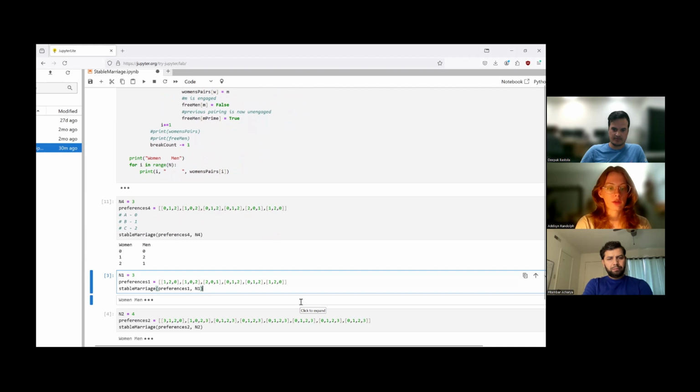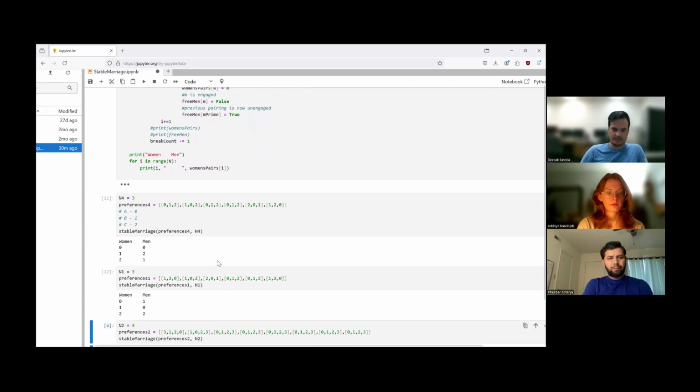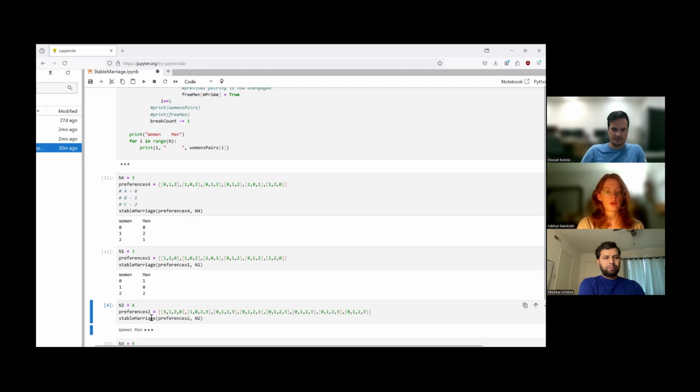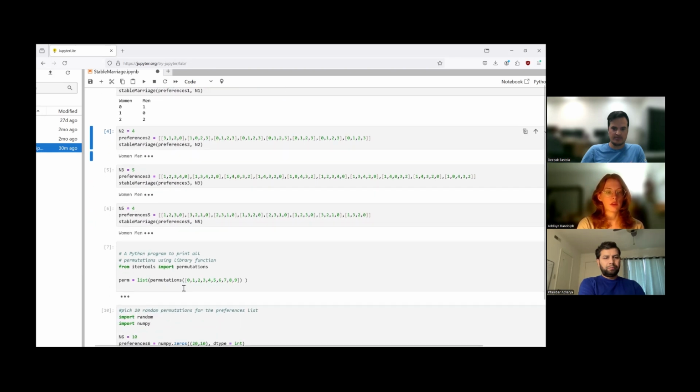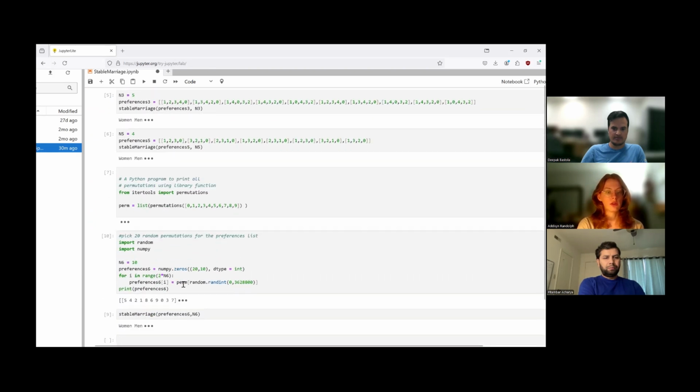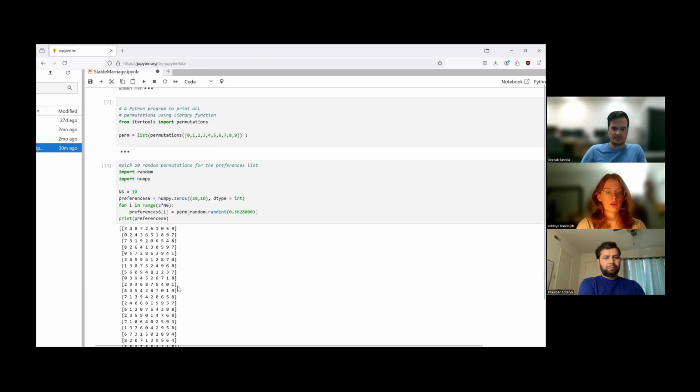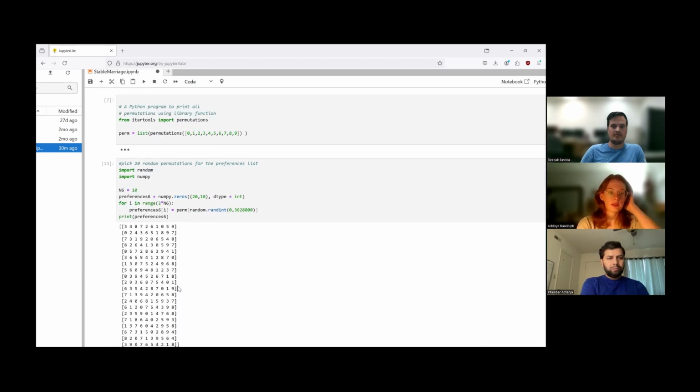Okay, and then I did a couple different preference lists. This is another one of preference 3, just to see that we can come up with different matches, right? So 0 is matched to the first one, 1 is now 0, and 2 is a 2. And we can do it with longer lists too. I'm just going to show an example down here, where I did a list of 10 men and 10 women.